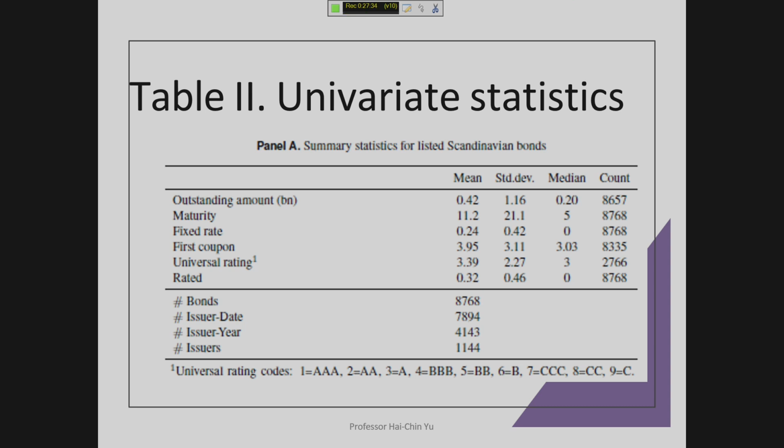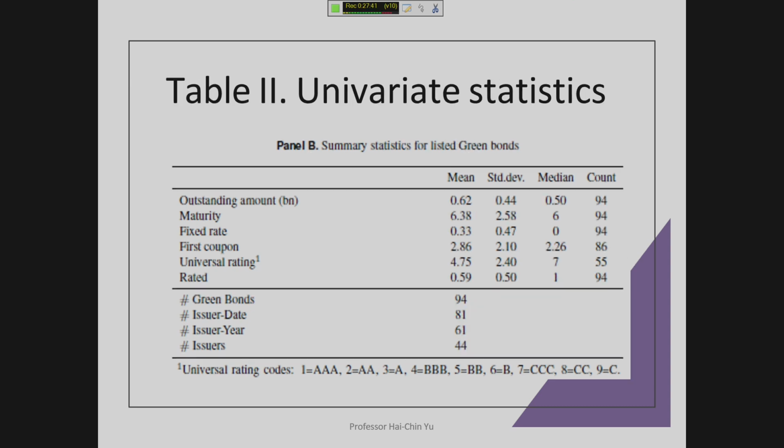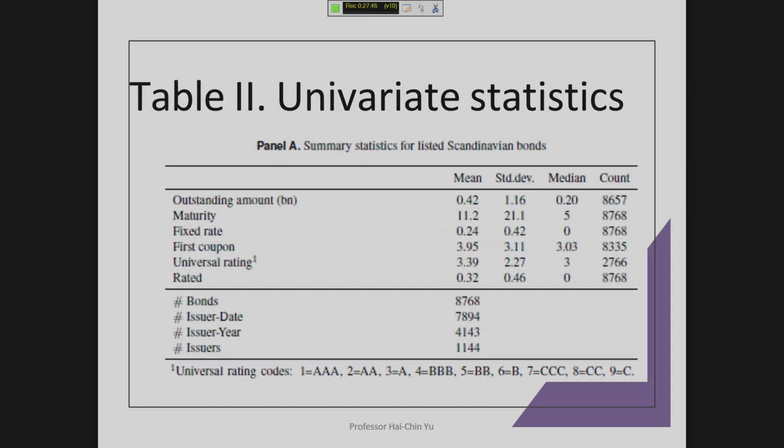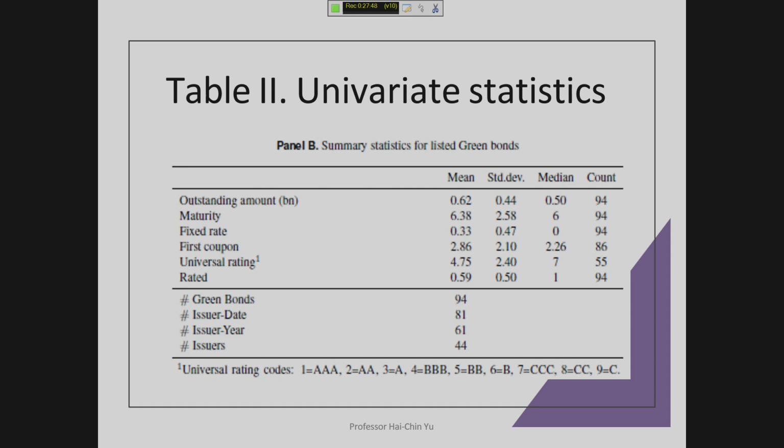Single A to triple B. So green bond usually has a lower rating and lower coupon and shorter maturity and prefers fixed rate rather than floating rate. Yeah, that's the observation we get from this last sample.